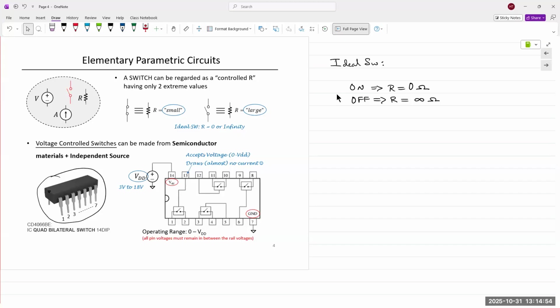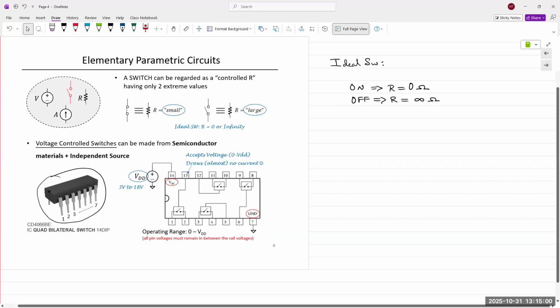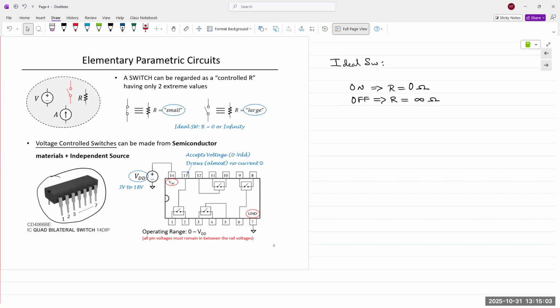Typically in logic ICs, pin number 7 or pin number 8 is ground, and pin number 14 or pin number 16 is plus VCC.